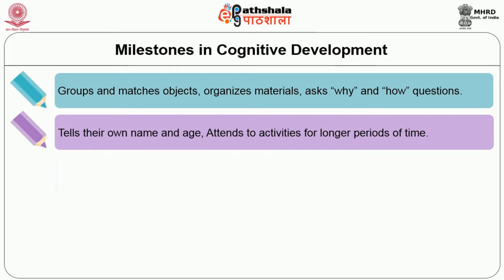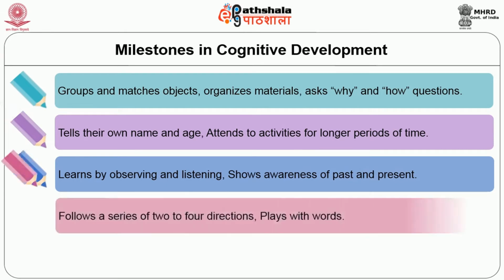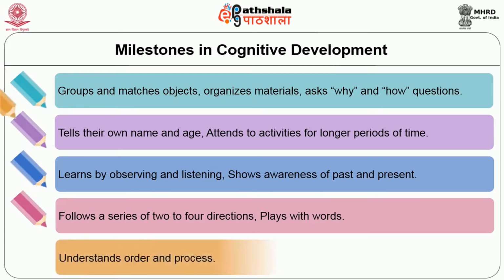They spend more time on a single activity. They learn by observing and listening. They show awareness of past and present, and can differentiate between past and present tense. They follow a series of 2 to 4 directions given with words. This is the age they understand order, and based on the order they process.